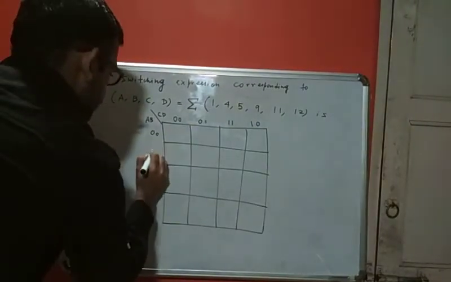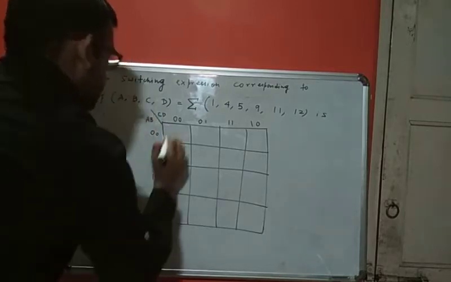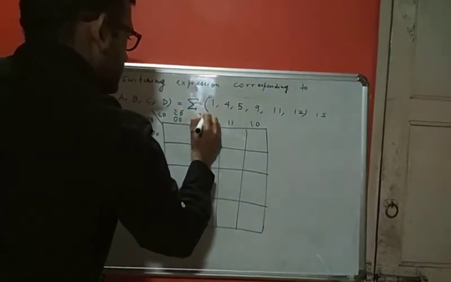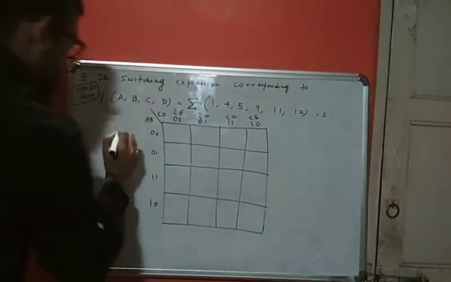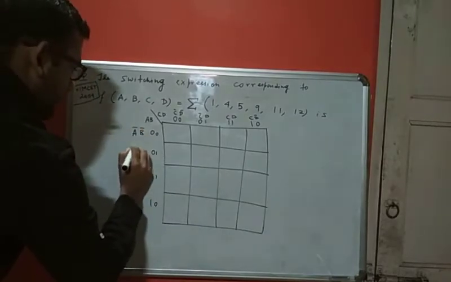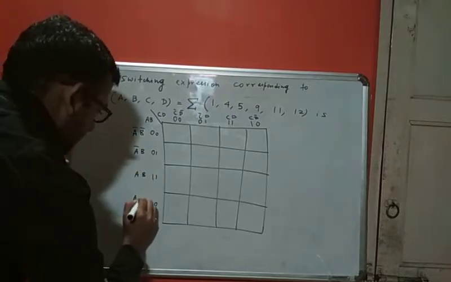Similarly, we write it here as well. 00, 01, 11, 10. C prime D prime, C prime D, C D, C D prime. A prime B prime, A prime B, A B, A B prime.